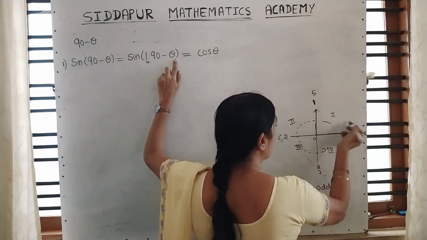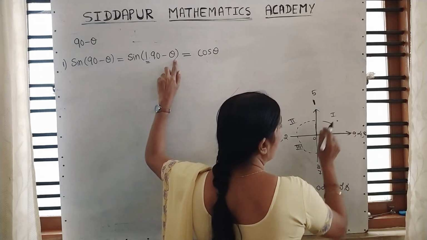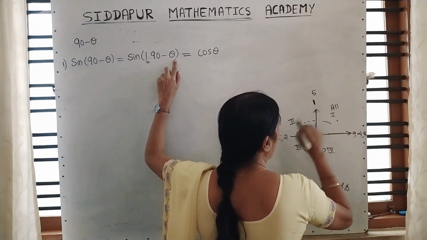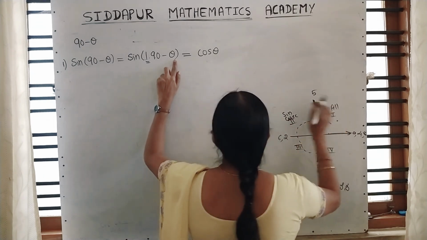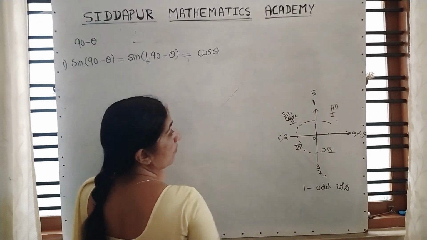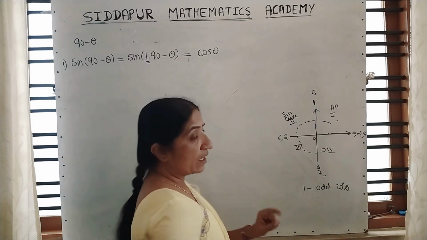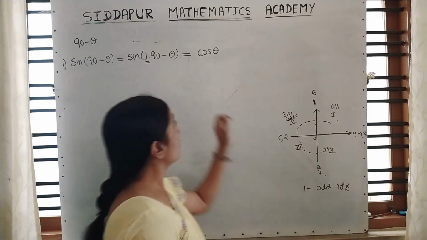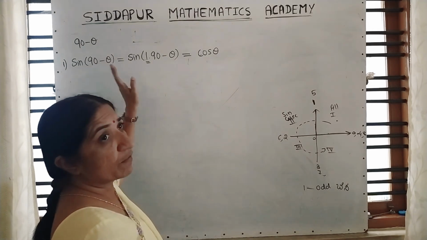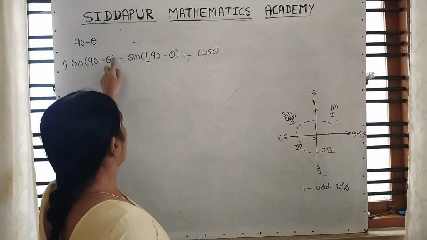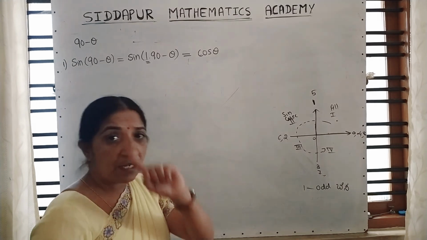Minus means previous, so it becomes the first quadrant. In the first quadrant, all are positive. That means your answer is positive. Another thing you have to remember: in 90 minus theta, 90 plus theta, 180 minus theta, whatever, theta is always less than 90 degrees.